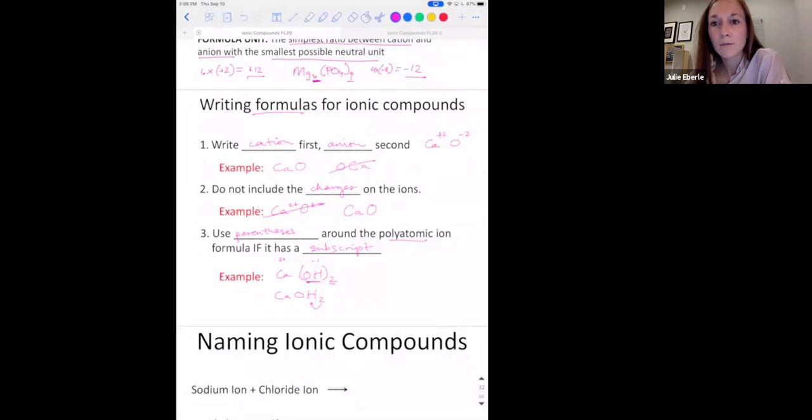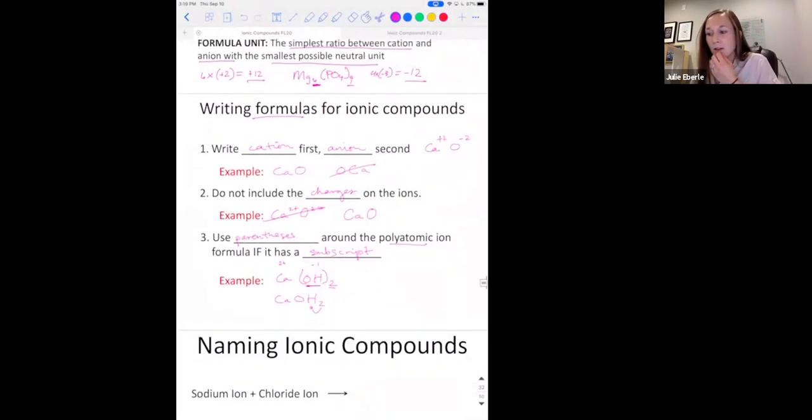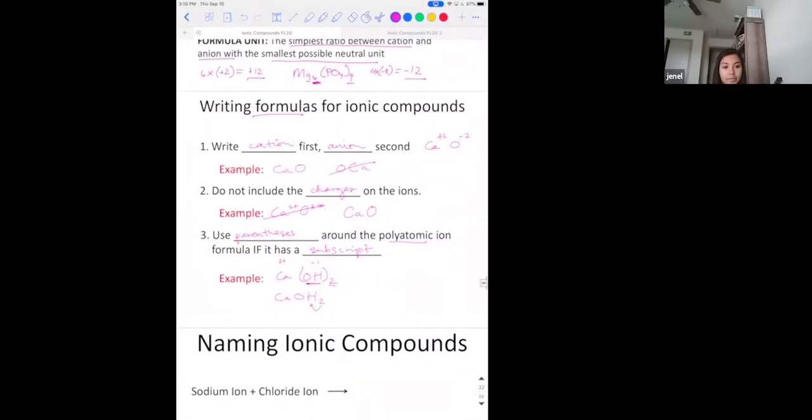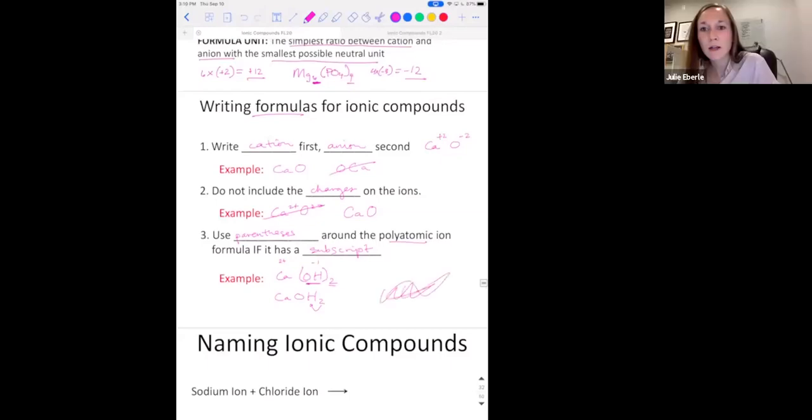Sorry, everyone, hold on. You can always unmute yourself and holler at me. Can y'all see what I'm writing now? Yes. I'm writing a lot of chemistry. I'm showing you how electrons move. All right. Okay, good deal.